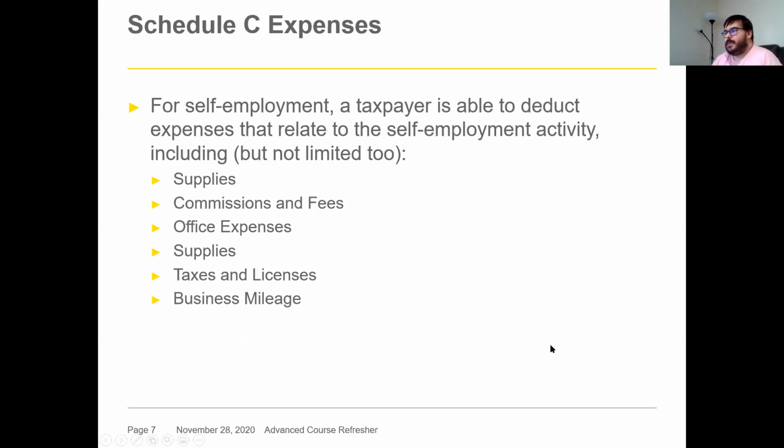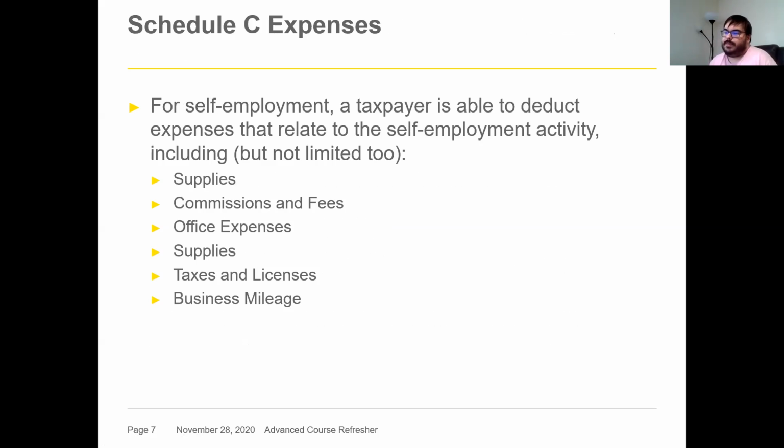In terms of expenses, a taxpayer can deduct everything related to self-employment: supplies, commissions and fees, office expenses, taxes and licenses, costs, and any business mileage. Oh, I have supplies twice. I need to update that.